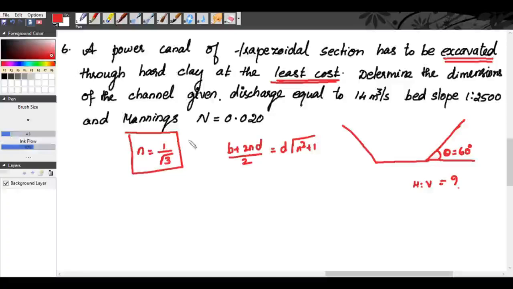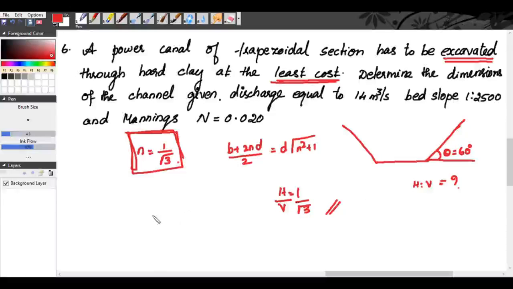So you use the condition n is equal to 1 by root 3. That is, horizontal is equal to 1 and vertical is equal to root 3. So with this you continue the problem.